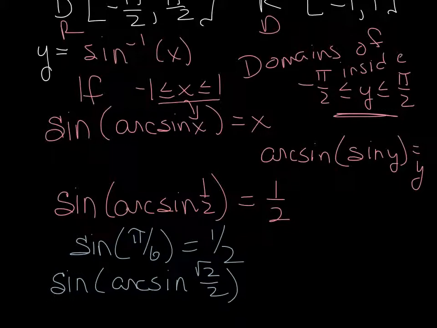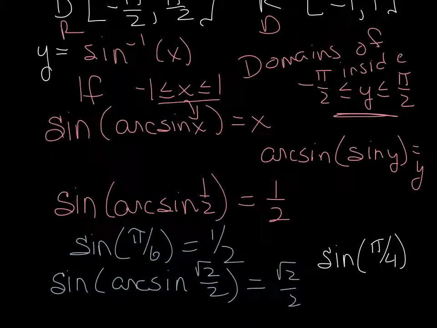All right, so this is just equal to square root of 2 over 2. We want to think about it the long way. The angle whose sine is the square root of 2 over 2 is what? Pi over 4. So the sine of pi over 4 is simply the square root of 2 over 2. You just save yourself a little bit of time if we recognize those inverse functions.